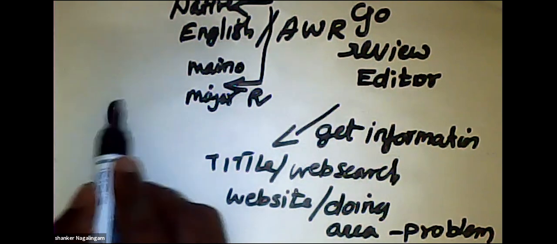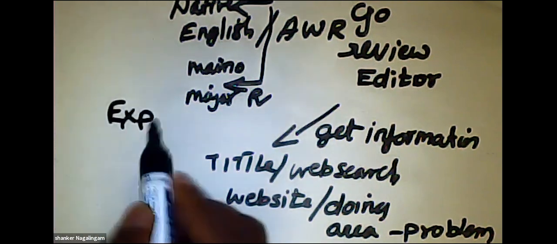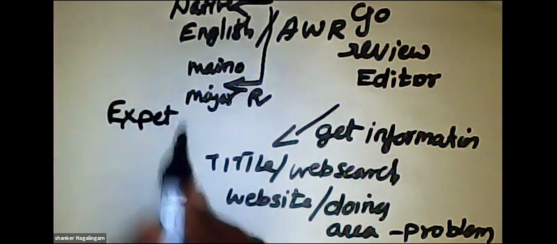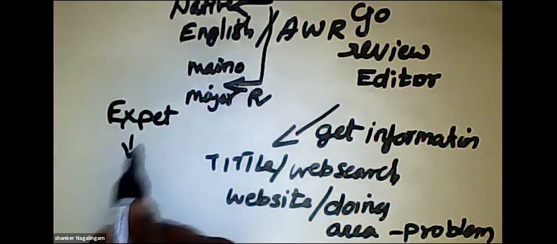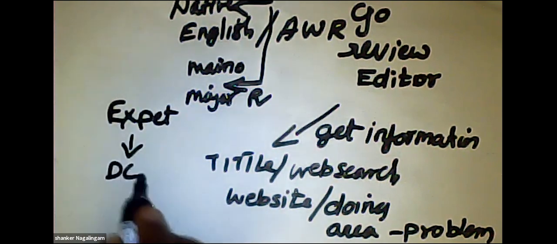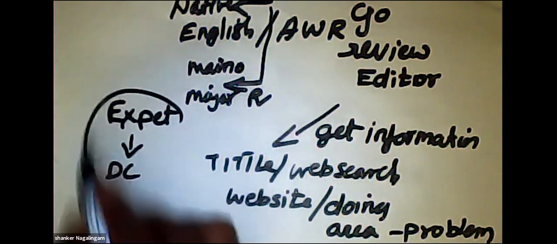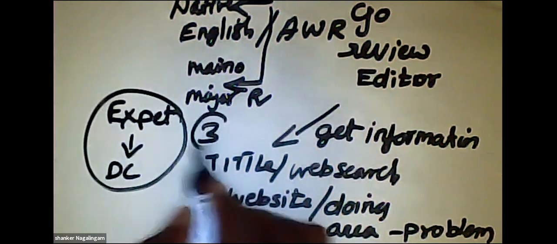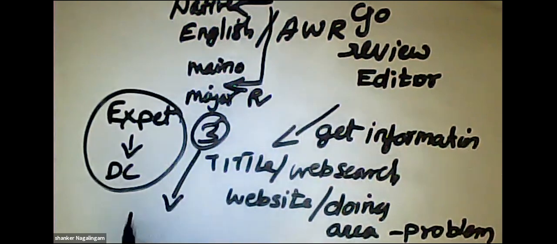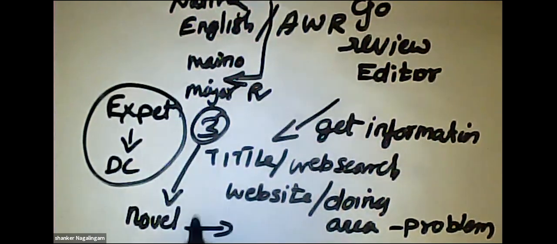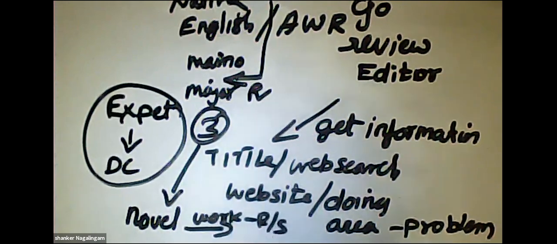Your expert member and your DC members, a group of three people in total, will think that this is a novel area and the work can be started. You work for results, and you do your simulations and hard work.